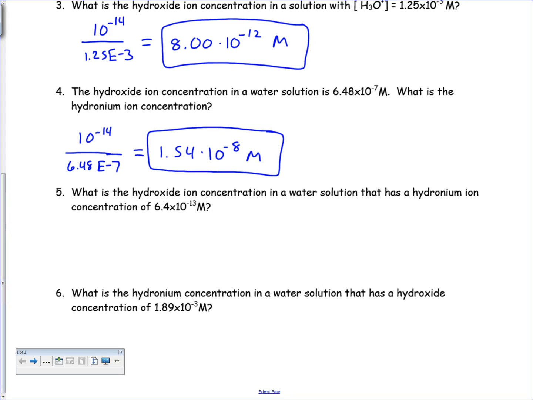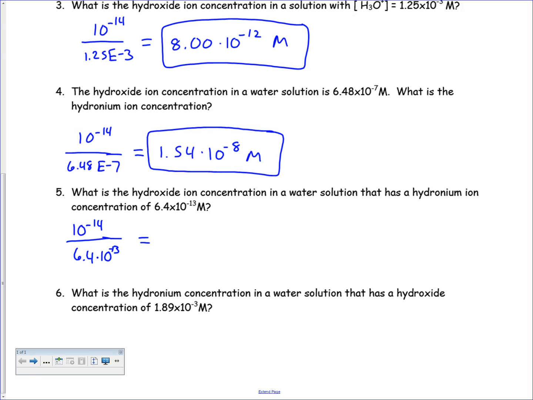All right, on number 5, this one is asking us for hydroxide ion, giving us hydronium, so this is like numbers 1 and 3. We get 10 to the negative 14 over what they gave us there, 6.4 times 10 to the negative 13. This one has 2 sig figs, so we should have 2 sig figs in our answer.